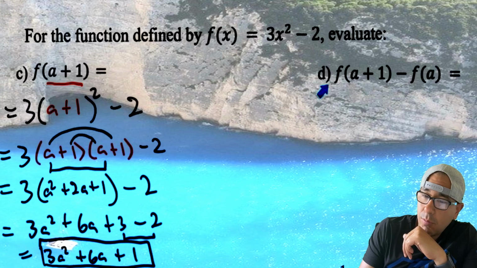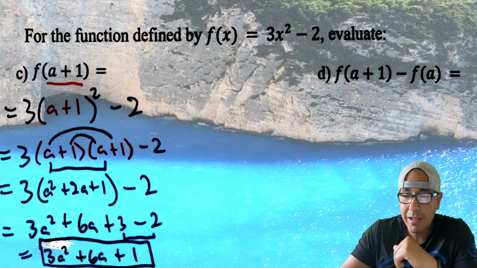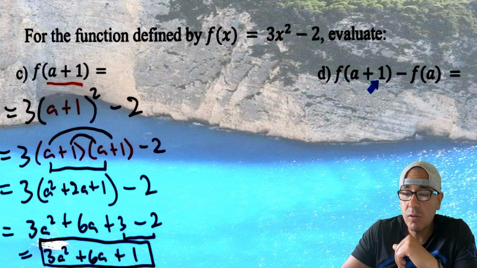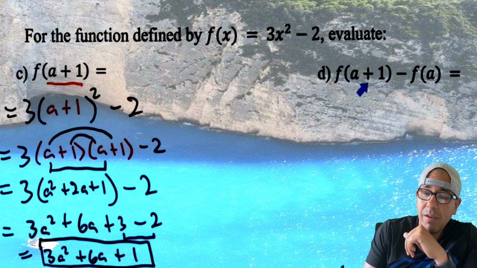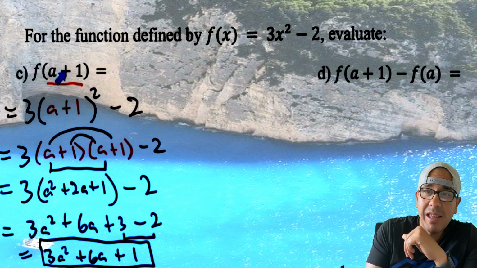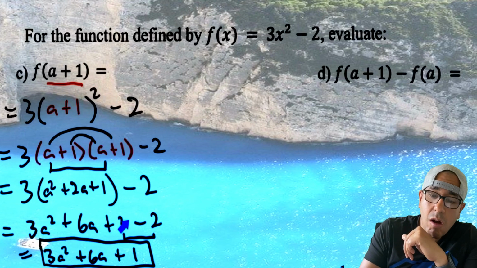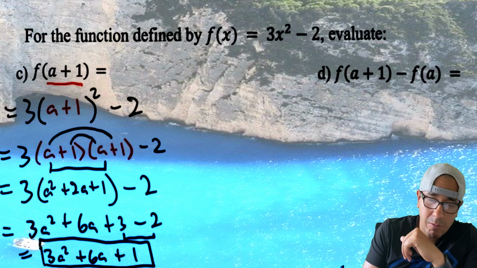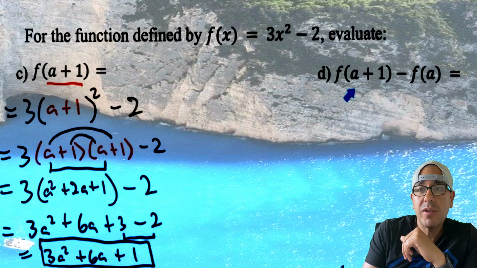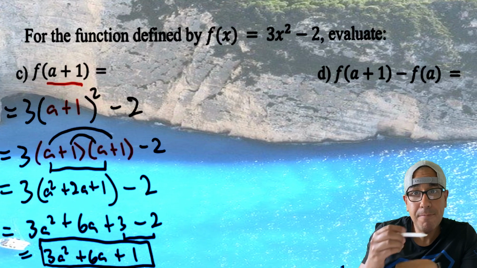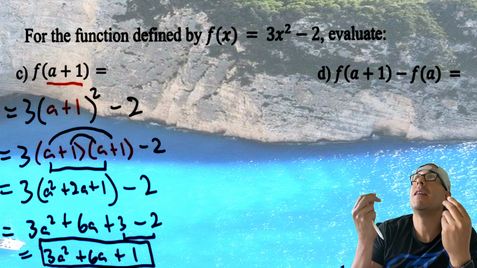So part D here, take a look. It says f of a plus 1 minus f of a. Notice, f of a plus 1, we just did that. So instead of doing all that work over again, use your answer. You already know what it is. Save yourself some time, because time equals money.